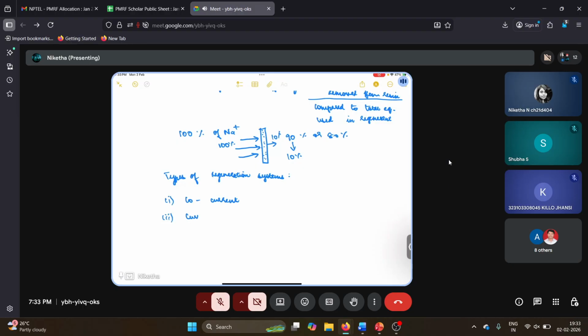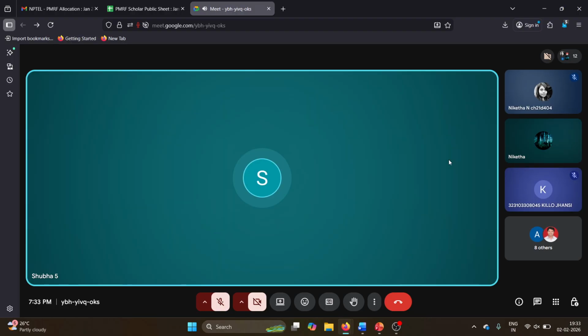Can you tell me the difference between co-current and counter current? What is co-current flow and what is counter current flow? Ma'am, in co-current flow, the resin will be in the same direction, and in counter current flow, the resin will be in the opposite direction.